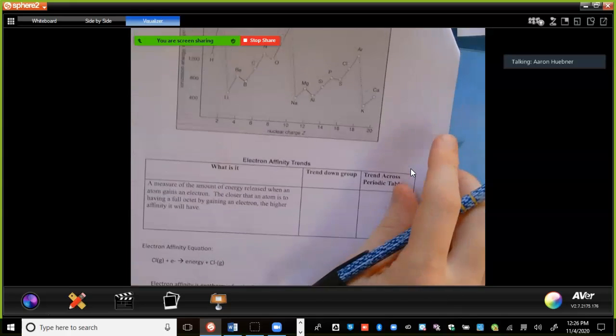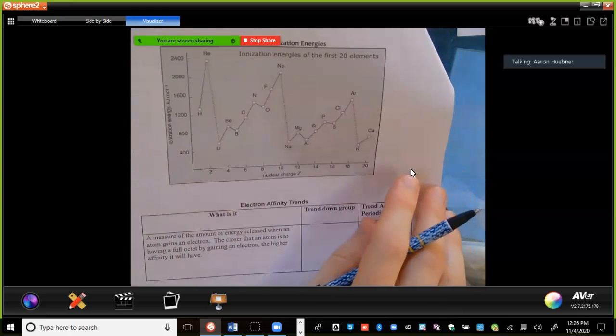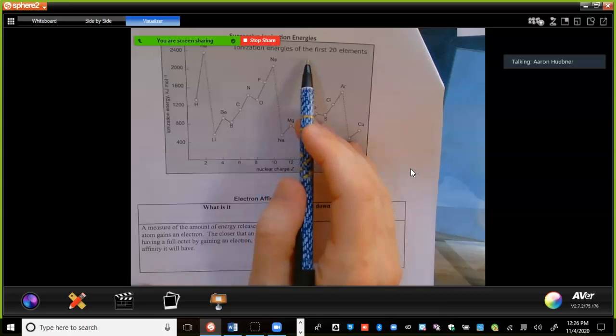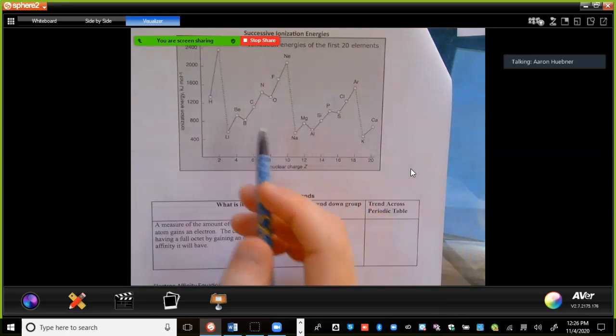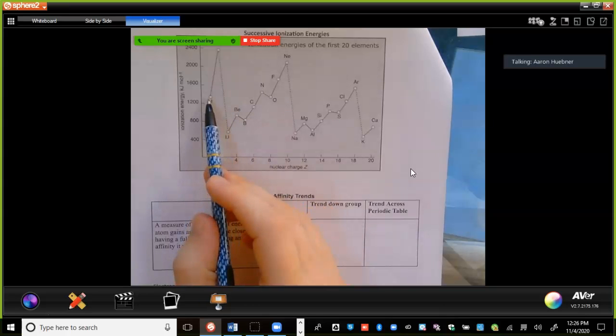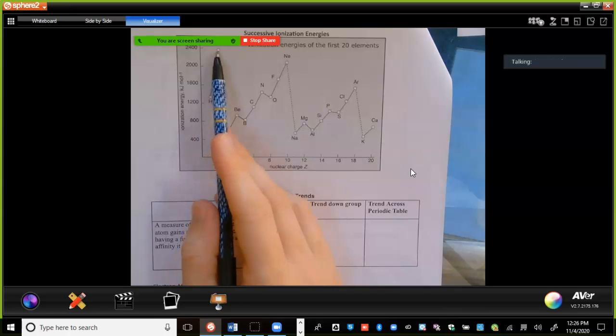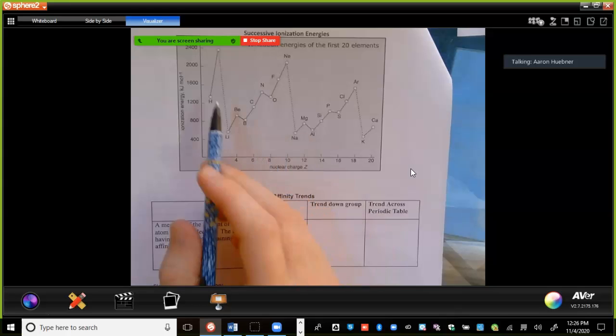Here's a nice little chart: the ionization energies of the first 20 elements, hydrogen through calcium. The energy required to take 1 electron away is around 1200 for hydrogen. For helium, it goes up a little bit. Why?